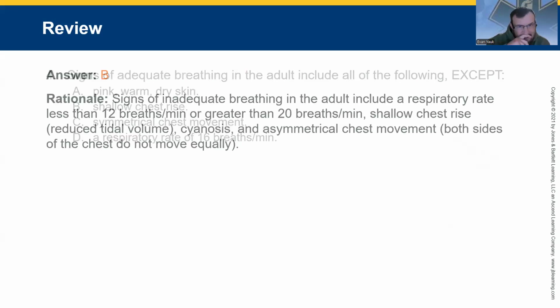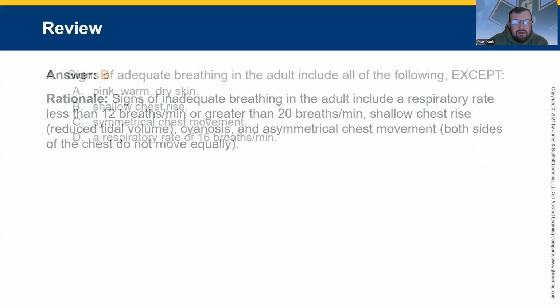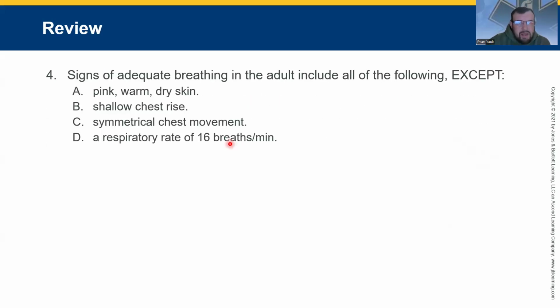Yes. B. There's your except. Signs of adequate breathing in an adult include a respiratory rate of 12 to 20, equal chest rise and fall, and normal tidal volume. So we want to see pink, warm, dry skin. We want to see equal chest rise and fall. We want that respiratory rate 12 to 20.